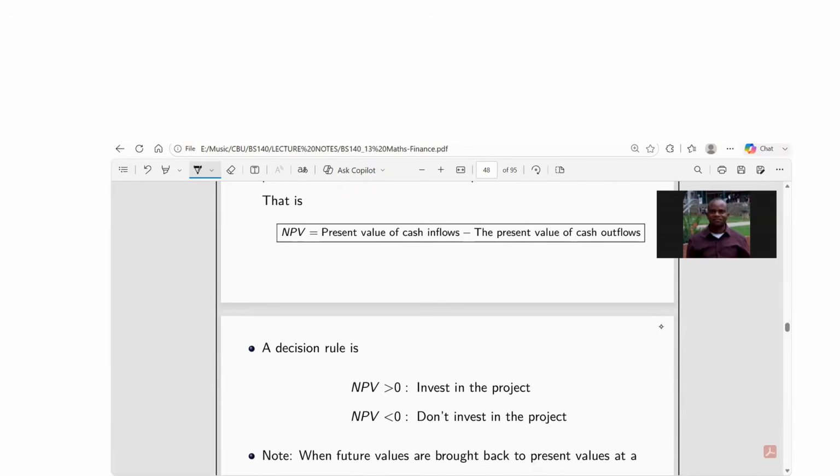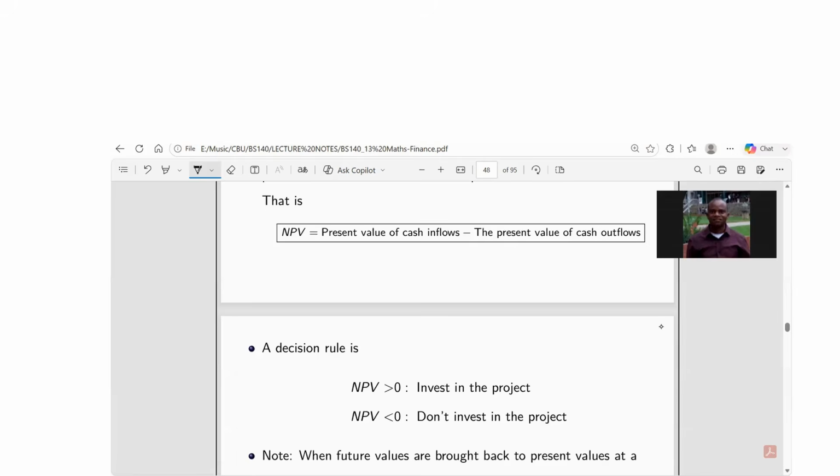Okay. Now, we can use the net present value to determine whether the project is viable or not, whether the project is worth taking or not. So we use the simple rule. If net present value is positive, it means you need to invest in the project. What does it mean? It means that the amount of money that you lose is less than the amount of money that you gain.